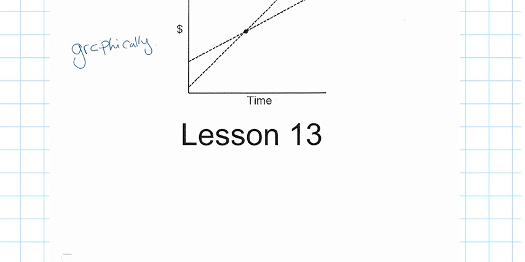But also, if you look at the next lessons, we can solve it by substitution or by elimination. So the three lessons that we're going to cover are solving graphically, solving by substitution, and solving by elimination.